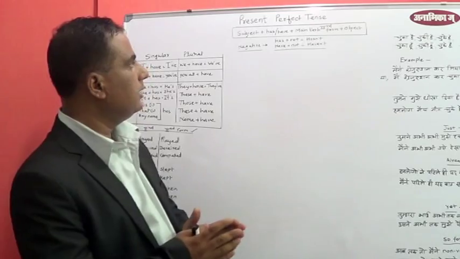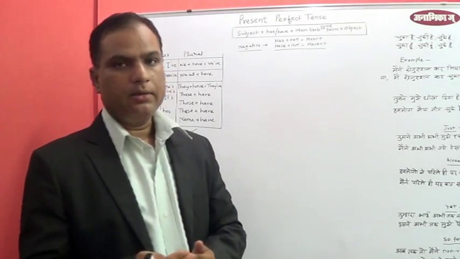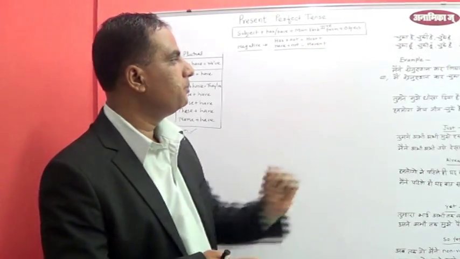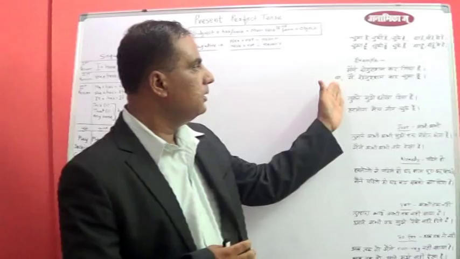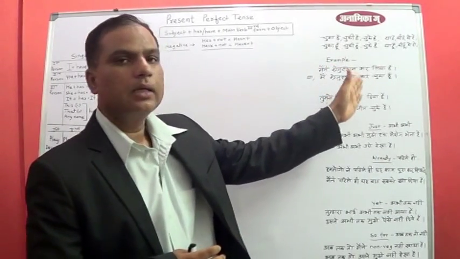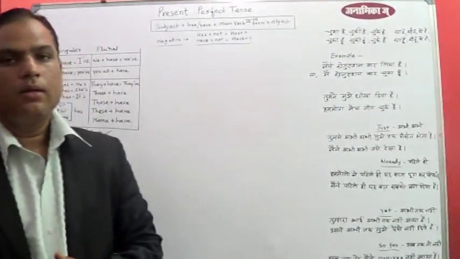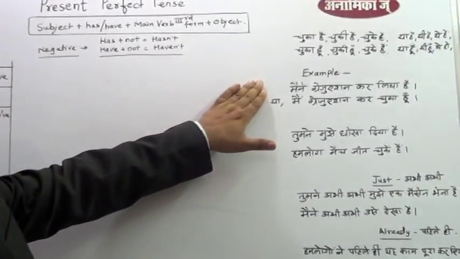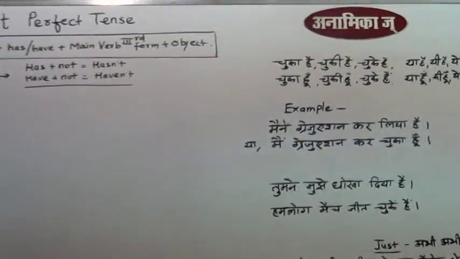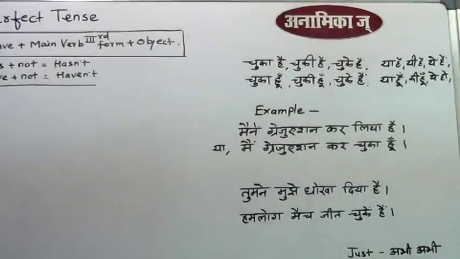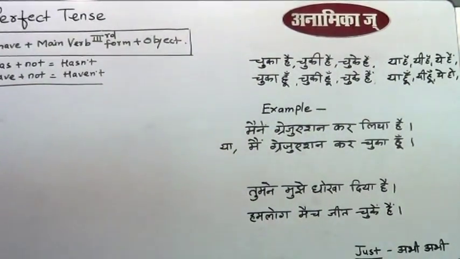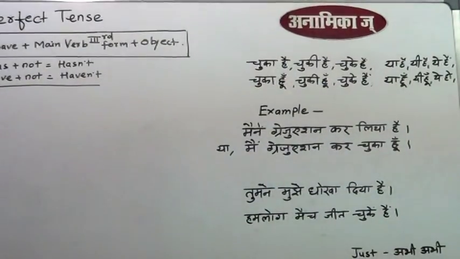Hi, I am Dilip from Anamika's Academy, and today we will study present perfect tense and we will see what kind of actions are included in this tense. पहले हम एक एग्जाम्पल ले लेते हैं that will help us to understand what kind of actions we incorporate here. Let's take an example. मैंने ग्रेजुएशन कर लिया है. When someone says this, उसका मतलब ये है कि ग्रेजुएशन पूरा हो चुका है. हो सकता है 1 साल पहले 2 साल पहले पूरा हुआ हो, लेकिन उस ग्रेजुएशन का इम्पैक्ट, उसका असर अभी तक मौजूद है.